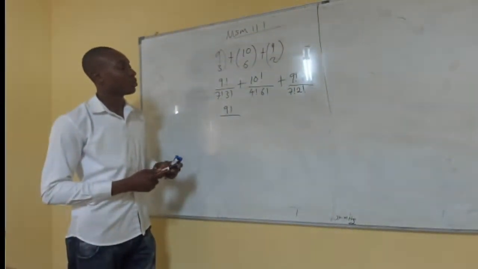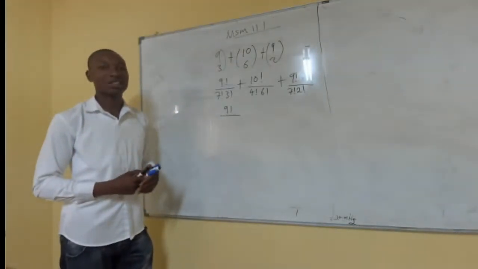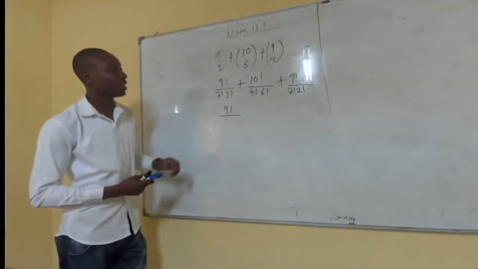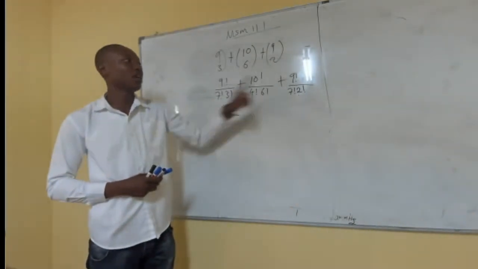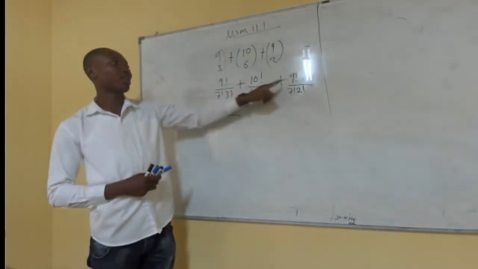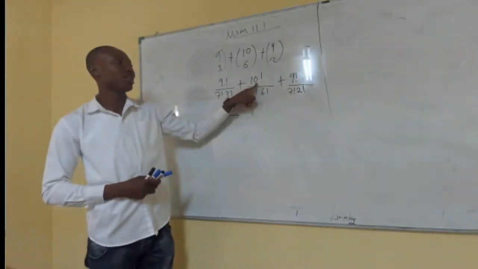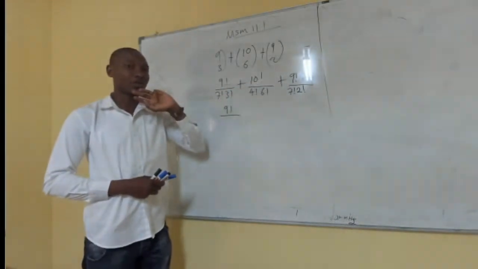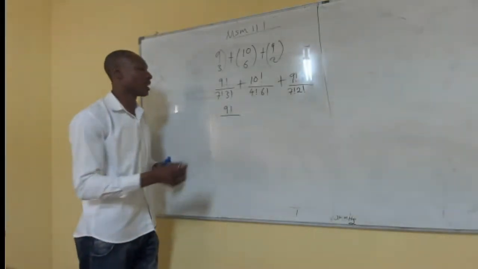So how do we make this look similar? For us to make it look similar, we're going to consider what is the lowest and what is the largest. The lowest here is actually 2 factorial. Then what's common in the numerator? 9 factorial, 9 factorial. Then we know that 10 factorial can actually be written in the form of 9 factorial as well. So let's start with the numerator.